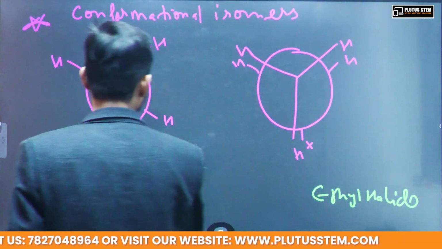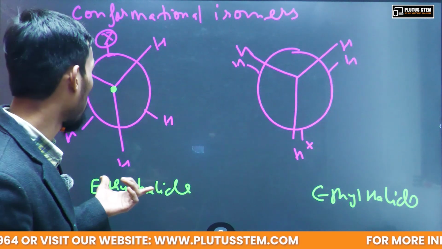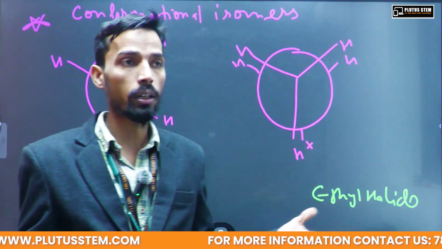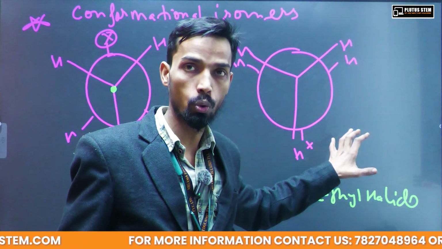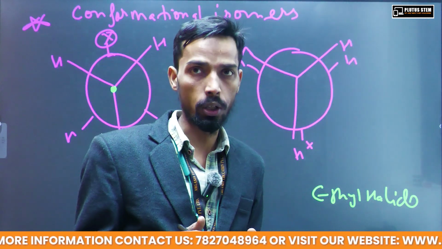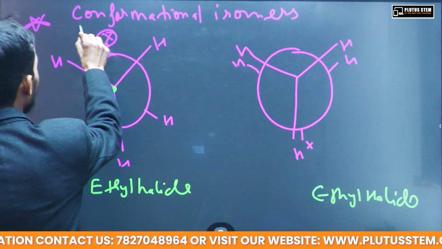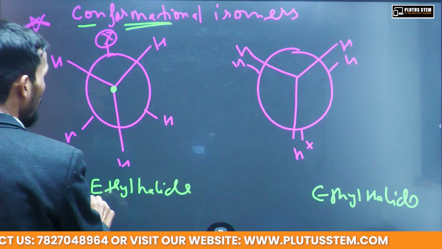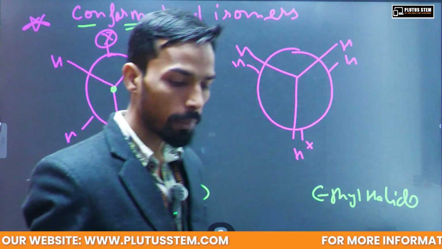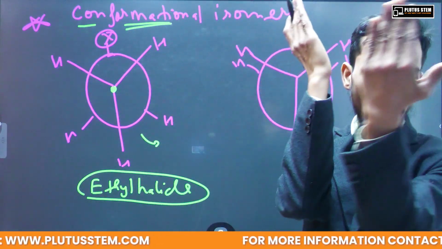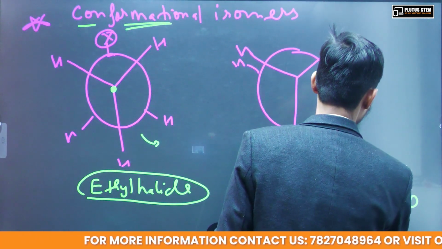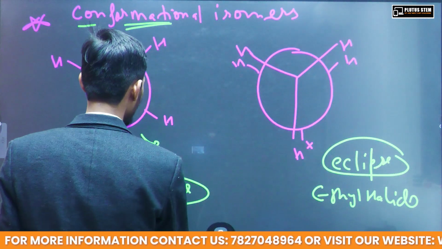This type of rotation gives different conformations of the compound, which means they are not separable. We can't separate these two conformations, but they exist within a molecule. These types of isomers are known as conformational isomers, and this is ethyl halide in staggered conformation, and if they are aligned with each other, then they are termed eclipsed. Eclipsed, and this one is staggered.